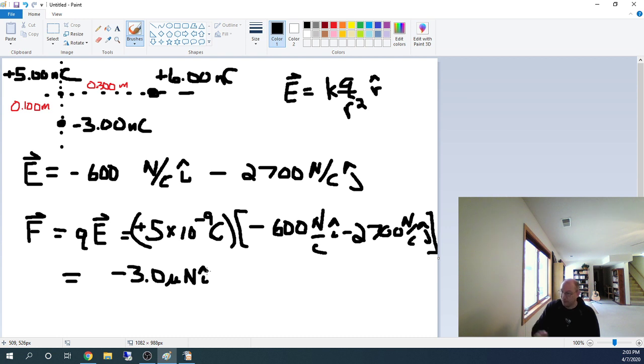Then for the second one, when we distribute that in, 5 times 10 to the minus 9 times 2700, we again get a minus 13.5 micronewtons in the j hat direction. So that would be the force on the charged particle, having i hat and j hat components.